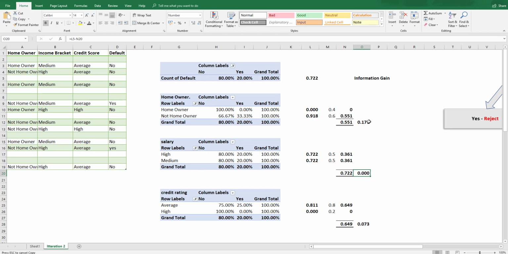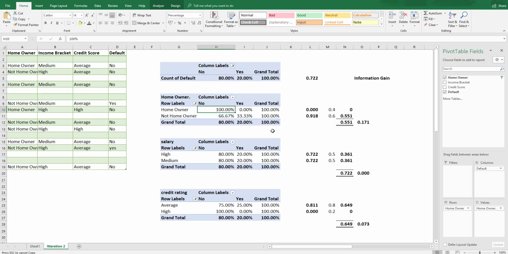And the information gain here is 0.71, so this is the highest, so this is the next question. But wait, we can home in on this question a little bit more and ask, are you a homeowner? Because if the answer to this question is yes, you are a homeowner, well then you're not going to default 100% of the time. From our training data, the person did not default on their loan.